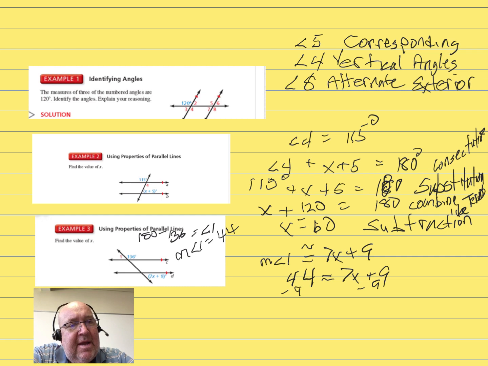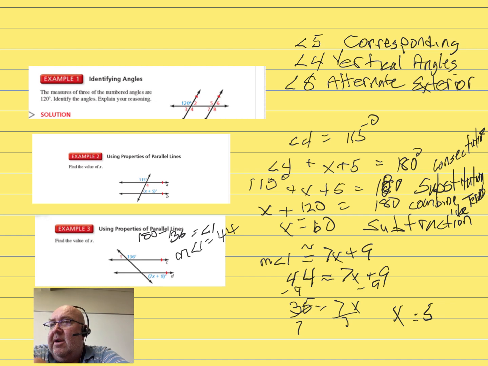I believe I'm going to get 35 is equal to 7x. Divide by 7, and I'm going to get x is equal to 5. And if I needed to find the measure of the second angle, it would be 136 degrees as well. Alright, going on.